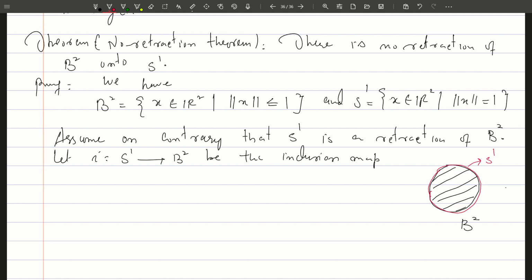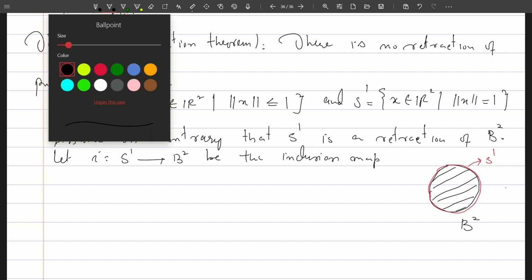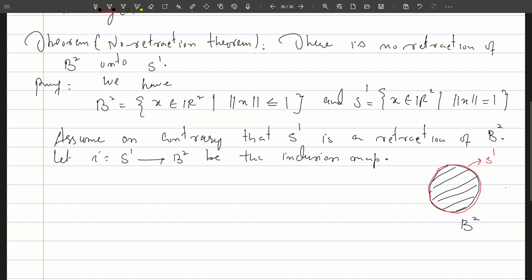So clearly we have this inclusion map, but we just proved that the induced homomorphism of this inclusion map is injective.